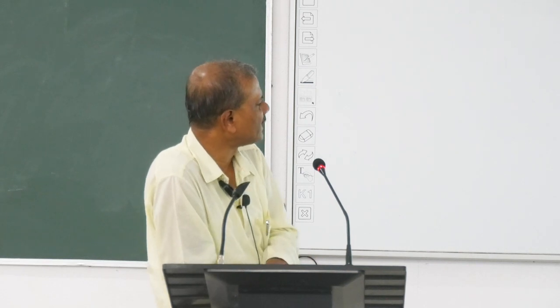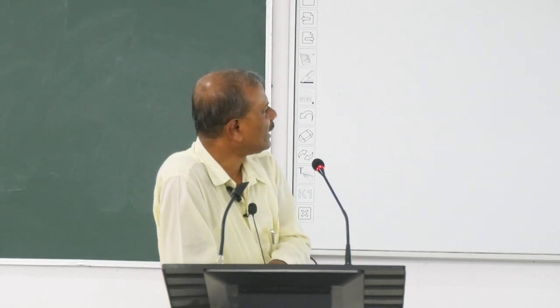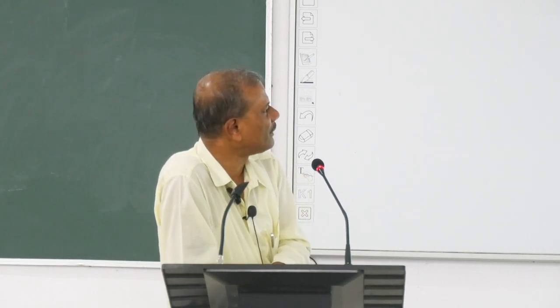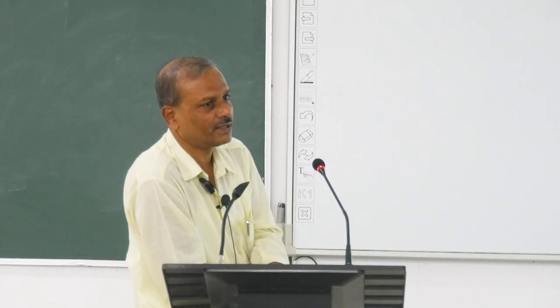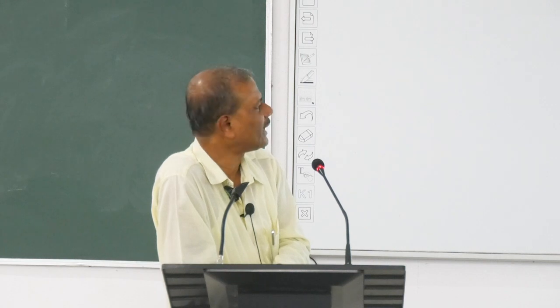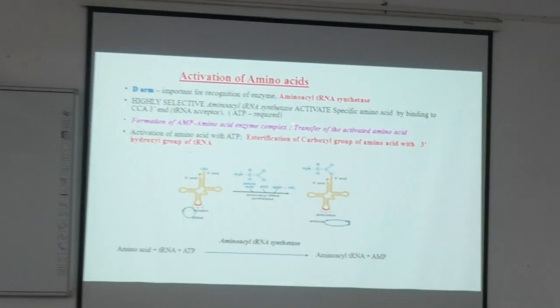So how does activation of the amino acid take place? As I told you, it is important for recognition by the enzyme, aminoacyl tRNA synthetase, which is highly selective: each tRNA is for a particular amino acid, and that amino acid is selected by the aminoacyl tRNA synthetase and activated.